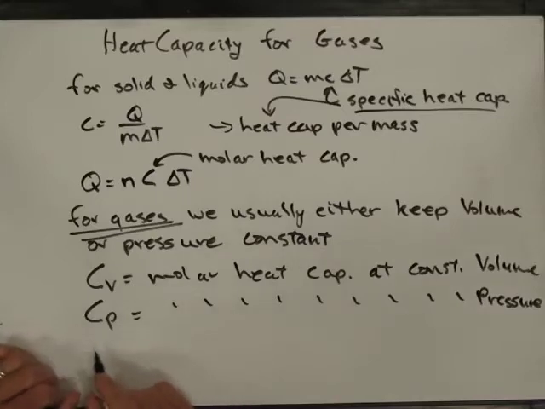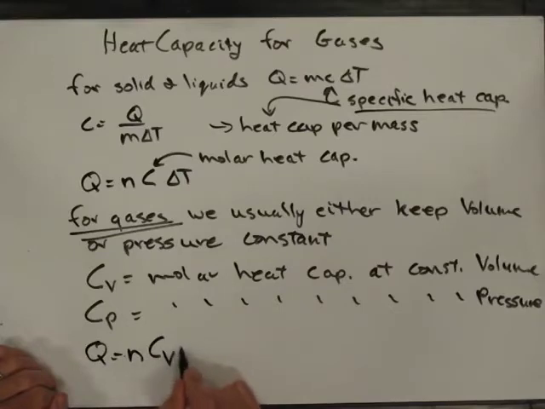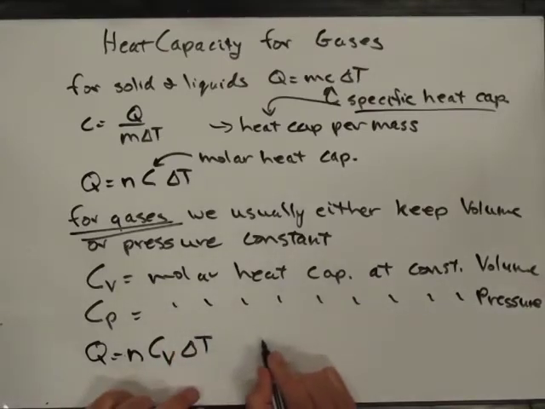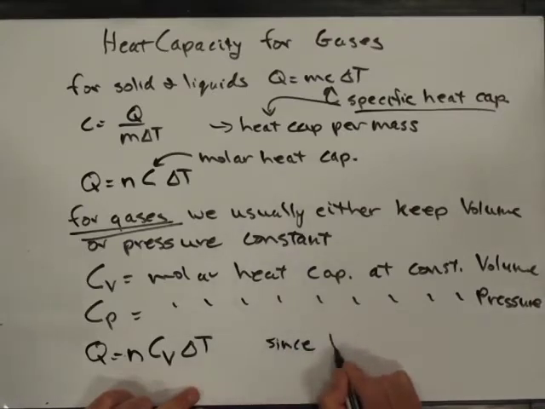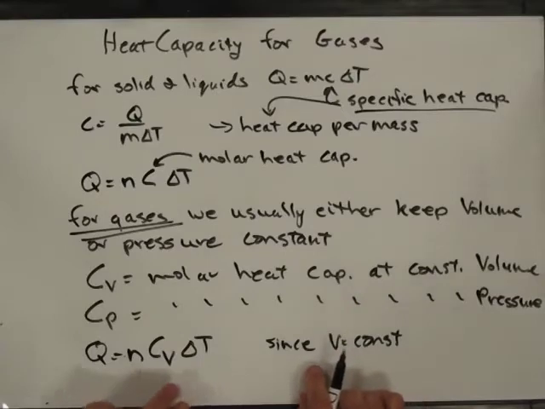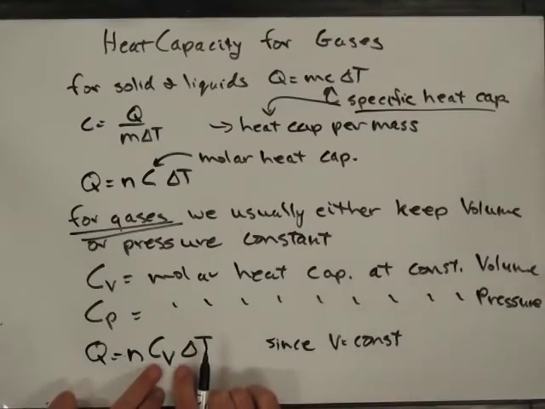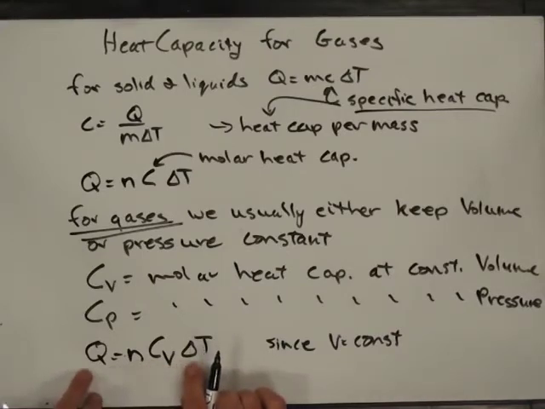And so we can say for this one, Q is equal to N times CV times delta T. And so since the volume is constant, and we assume that the gas isn't able to change chemistry or anything like that, all of the internal energy is going into changing the temperature.